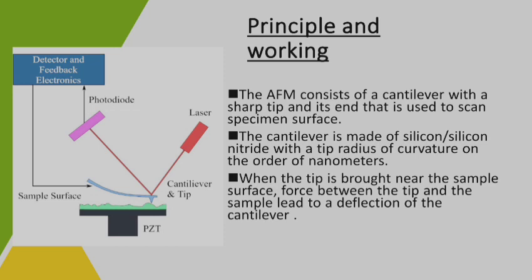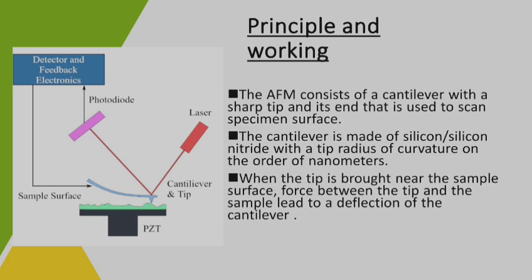and the radius of the tip will be in the order of nanometers, which is not visible to our naked eye, but the AFM is connected to software in the system. Using that, there is a camera through which you can clearly see the tip of the cantilever, check whether the tip is placed directly above the sample, and select the proper place where the cantilever tip has to scan your sample.